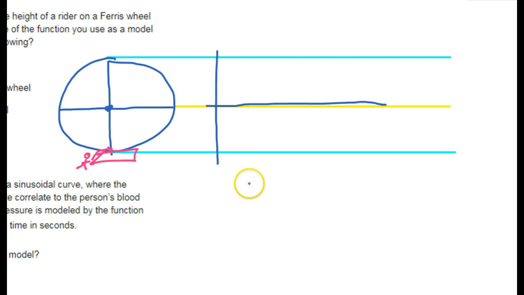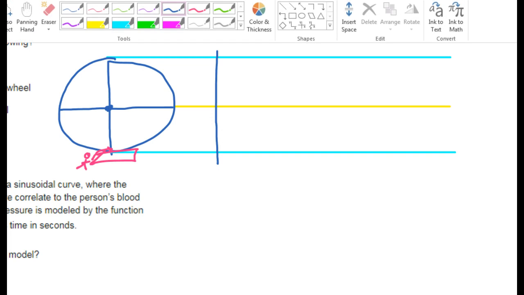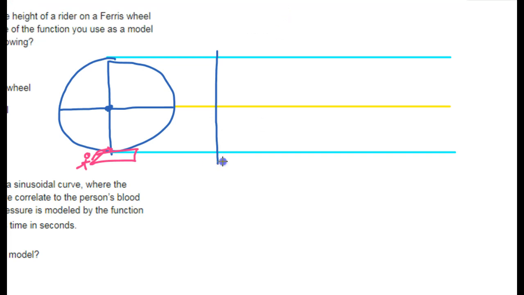Actually, no, because I want to model the height of the rider over time. The height means the height above the ground. So really, the x-axis should be down here at the very bottom.